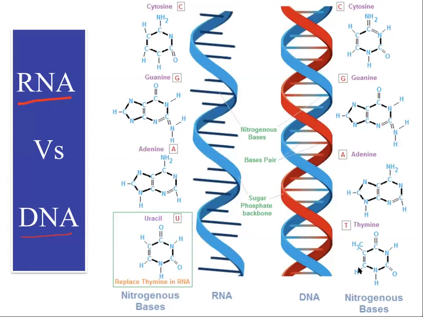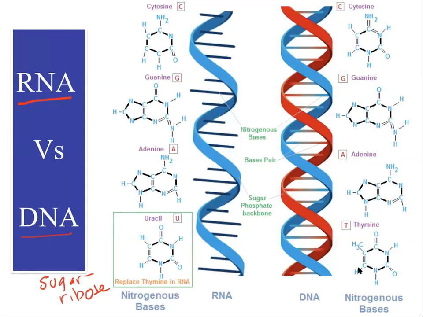In RNA, the sugar is simply ribose. When I say simply ribose, it has one more oxygen than the sugar that's in DNA. Not particularly of major consequence for any functional attributes that these two molecules have.